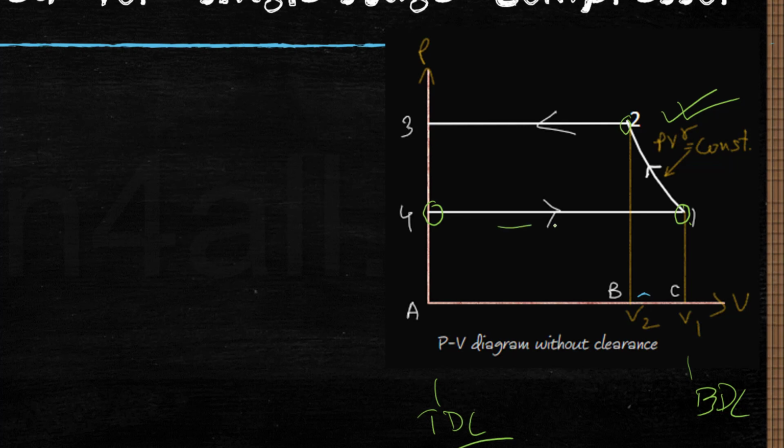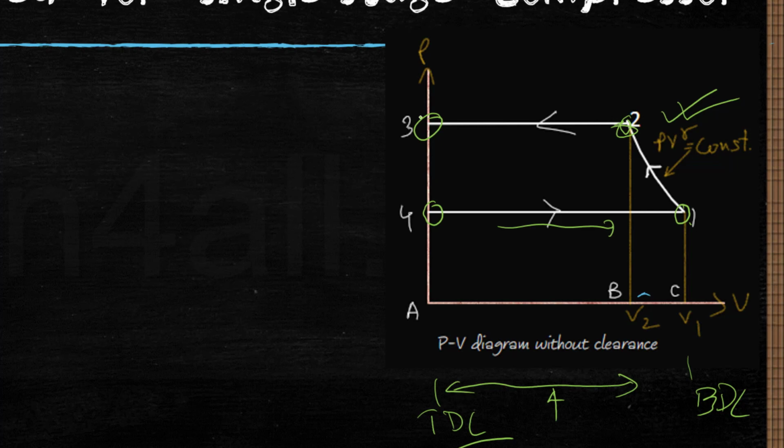After suction it is compressed only to volume 2, but the rest of the movement of the piston is used for delivery. So 2 to 3 is delivery. We will not say delivery stroke, but the process is delivery at constant pressure. That means the compressed air is delivered to the receiver or container, whatever you say.